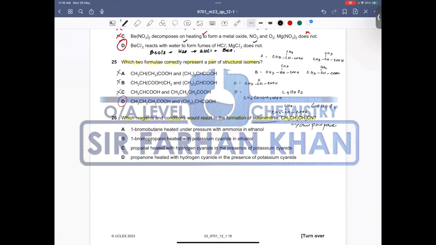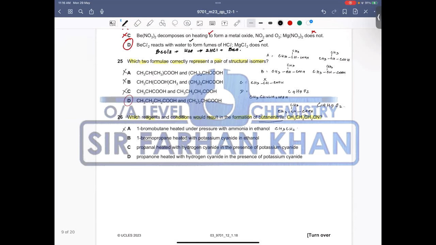It's going to be incorrect because this will give you aminobutane, with this structure: CH3, CH2, CH2, CH2, and then NH2. And we need cyanide, not NH2, which is why it is incorrect.